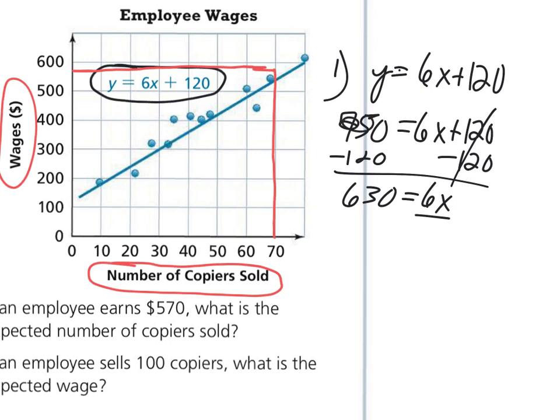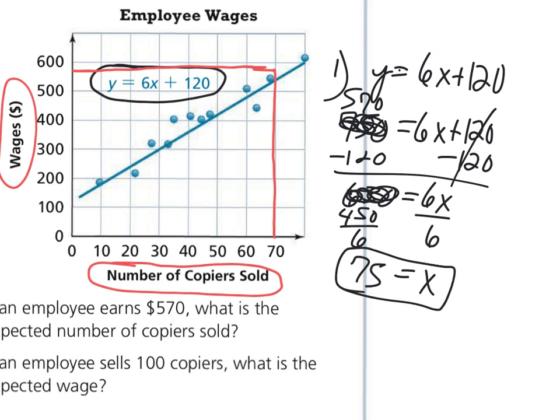I'm sorry, this was supposed to be 570, not 750. Okay, and then you divide that out and you get 75. So I predicted 70 based off the graph, but it was actually 75.